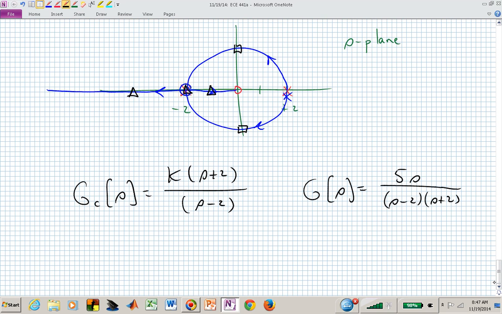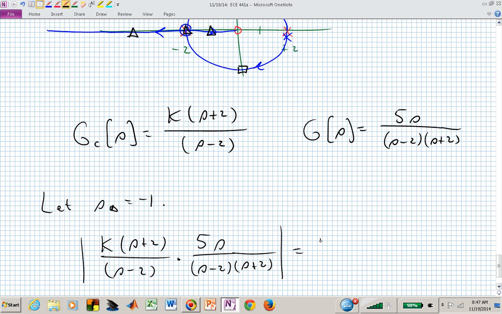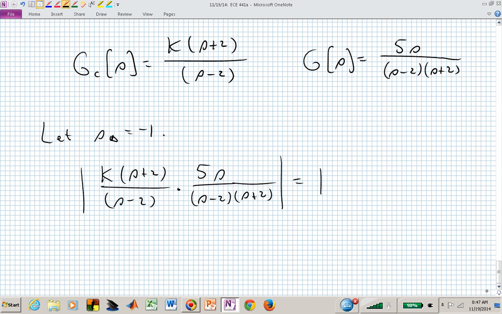I would now say, oh, let me let S delta be -1, and now I can calculate my gain K. Now I use the magnitude condition. I now know that K, S plus 2, S minus 2 times 5S, S minus 2, S plus 2, all equals 1.